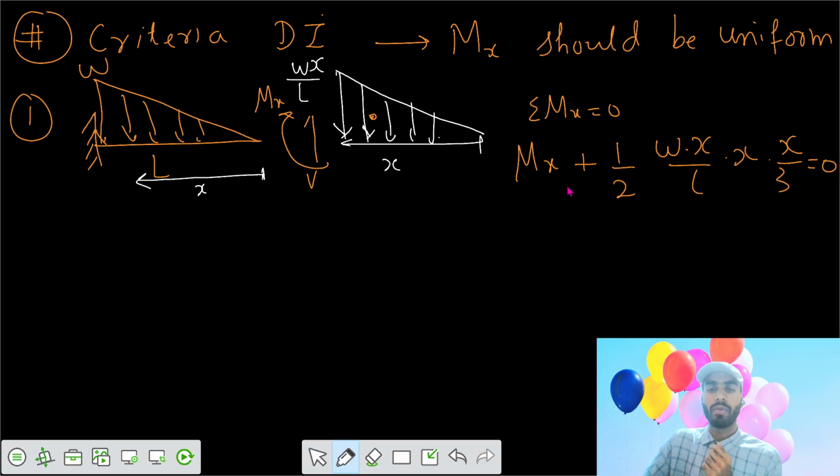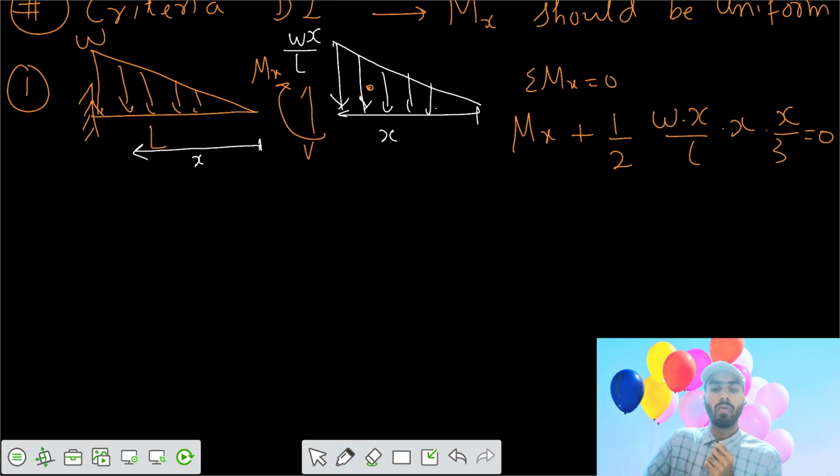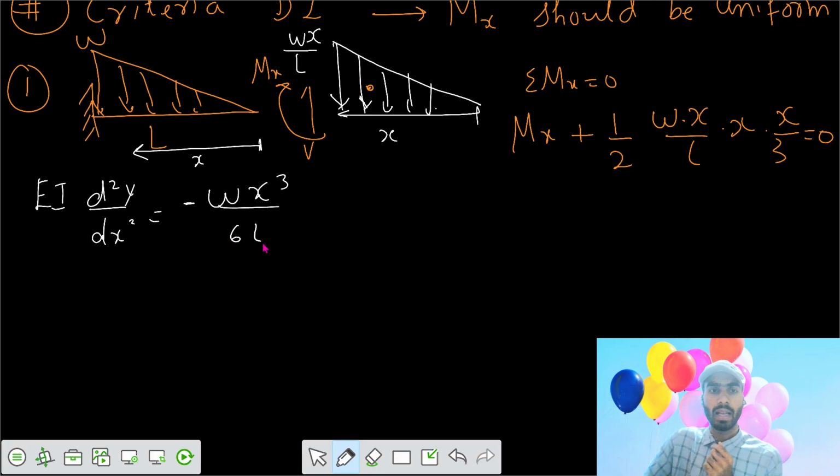So your bending moment equation becomes minus times that value. Now we can write the equation EI d2y by dx2 equals the moment at x. So the moment at x becomes minus Wx cubed by 6L.